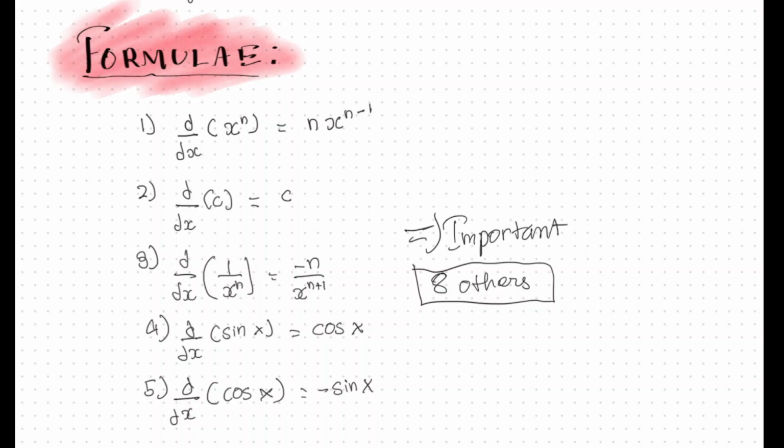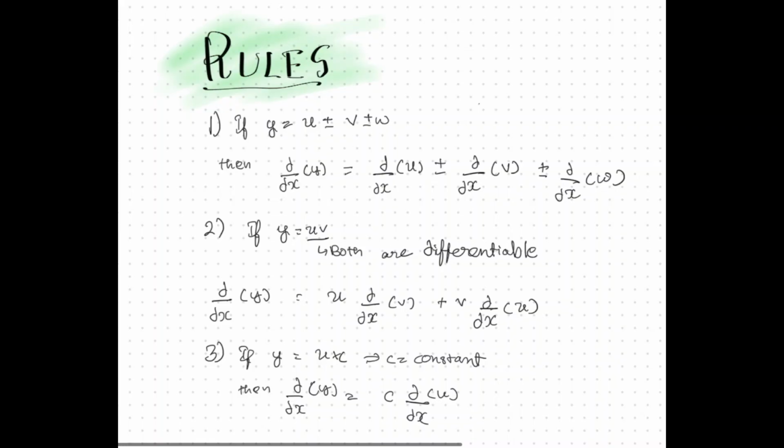So these are the 5 important formulae which you'll be using more. There are 8 other formulae which are not that important. So now let's go on to the rules. Here are the rules. The first rule is if y is equal to u plus or minus v plus or minus w.